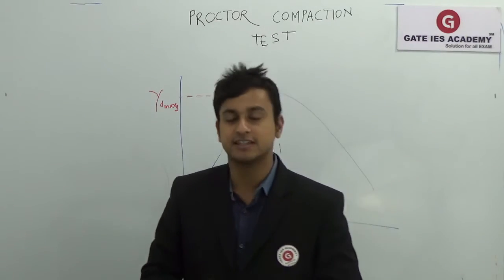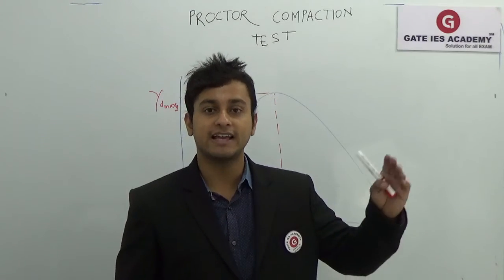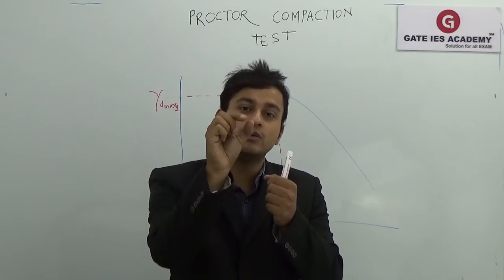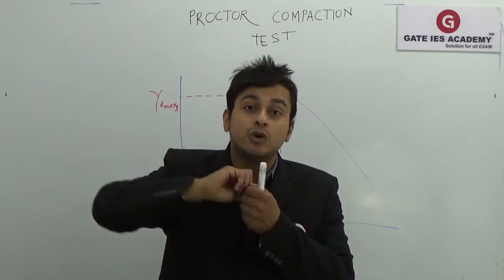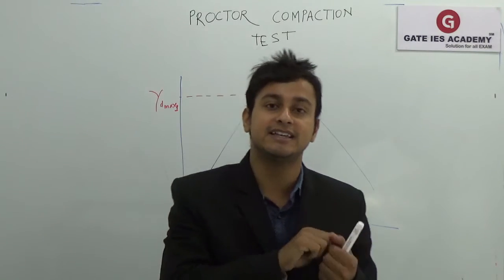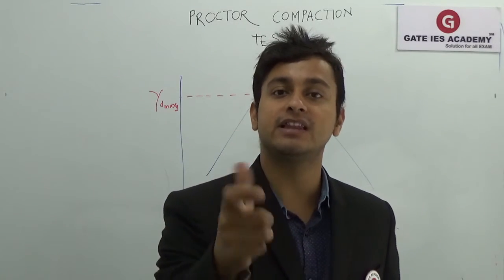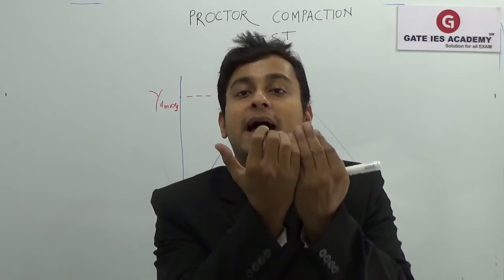Now when I add water, the system tries to compact under that water. Initially, when you add a small amount of water, a gradual system change takes place. The water provides lubrication between the particles. They slip onto each other and come to a very compacted state.